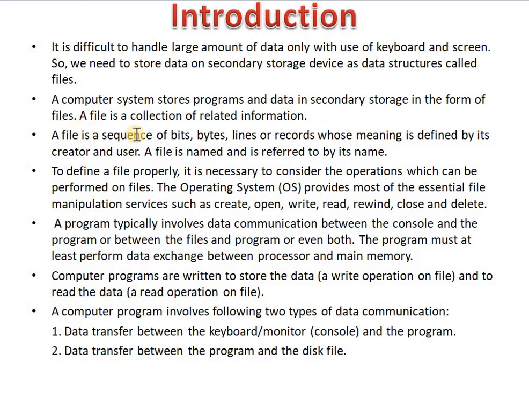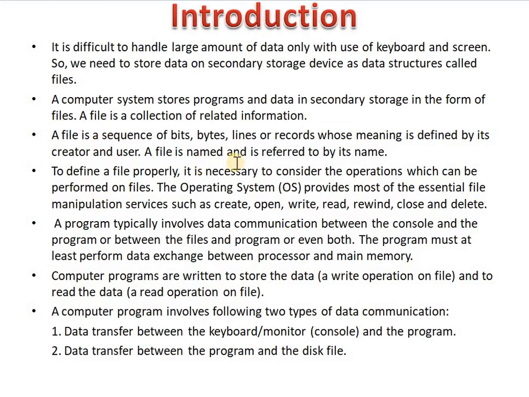A file is a sequence of bits, bytes, lines or records whose meaning is defined by its creator and user. A file is nothing but a sequence of bits or bytes or lines or records. That means in a file you are storing meaningful data, and that data is created by its owner or its user.